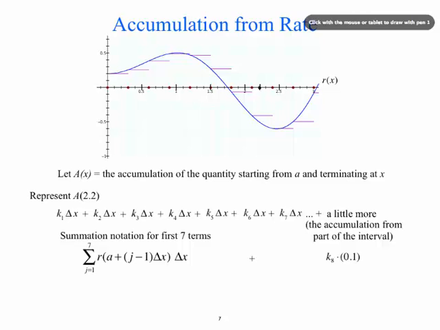So we're coming to here at 2.2. So we've got this is K8 times that amount of the partial interval, that little width there, 0.1.